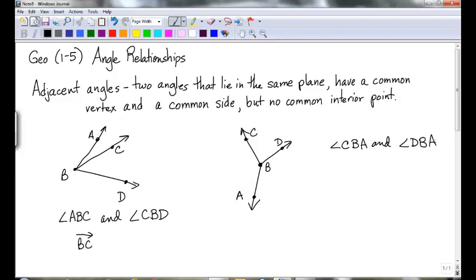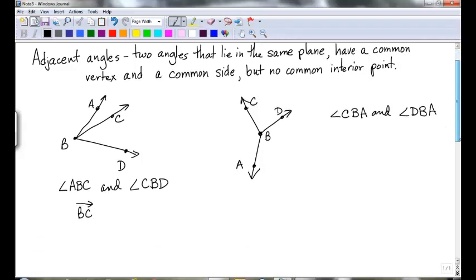They have a common side, BA. They have a common vertex, B, and there's no interior point in common. So those are both examples of adjacent angles.